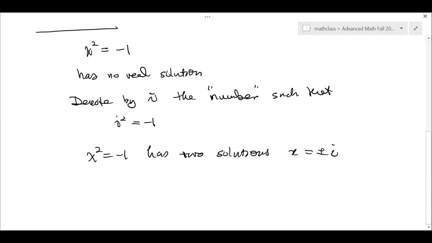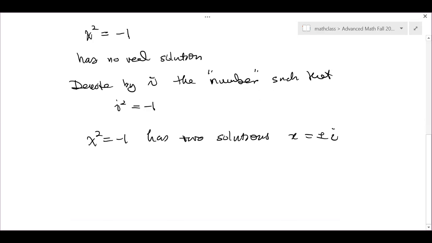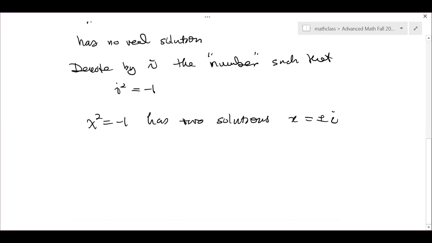Once we introduce that special number i, then we can do whatever we want. So i can formally be written as the square root of -1.